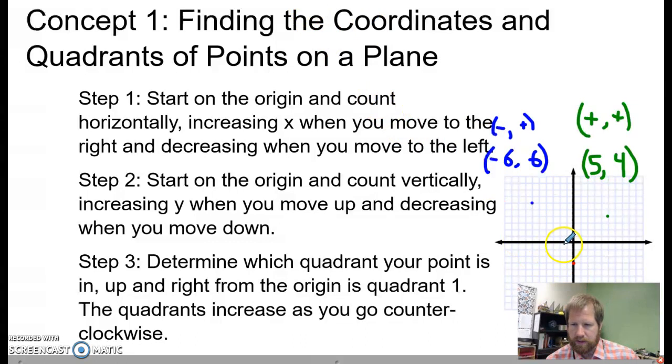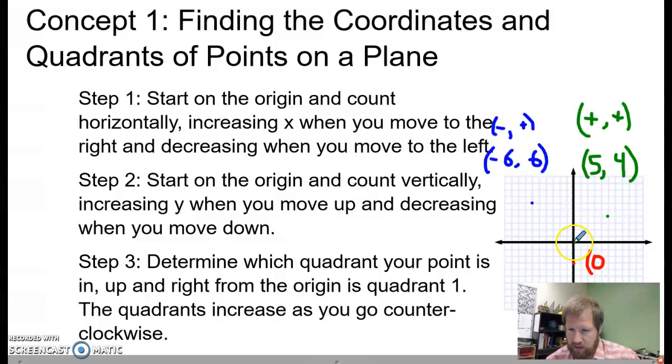My last one is actually on 0 for my x value, okay? And anything that's on that y-axis is going to be 0, and anything on the x-axis will be 0 for its y value, okay?